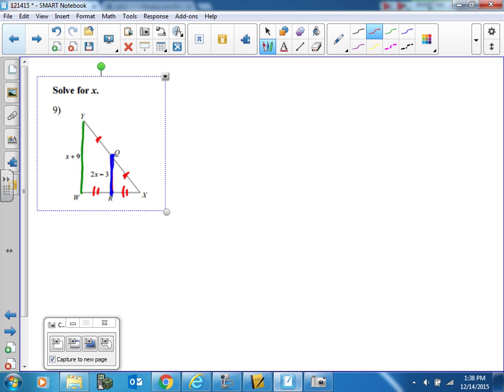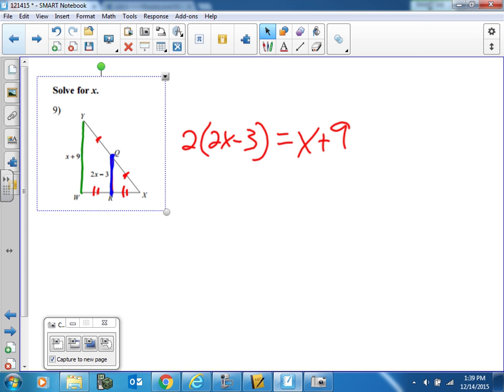So what you can do is you can say 2 times 2x minus 3 equals x plus 9. Right? So if you didn't know that, write that down, take a second and try and solve that.